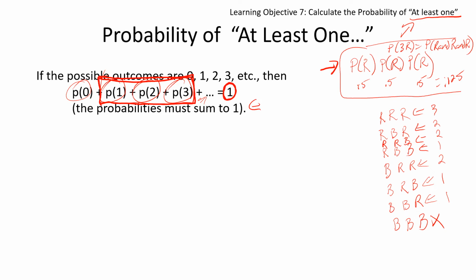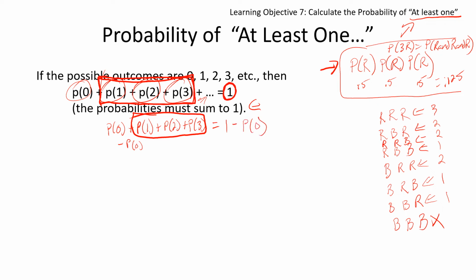We want to isolate probability of 1 plus probability of 2 plus probability of 3. We know that probability of 0 plus probability of 1 plus probability of 2 plus probability of 3 equals 1. We want to isolate this and see what it equals. Well, what do we have to do? We have to subtract probability of 0 from each side.